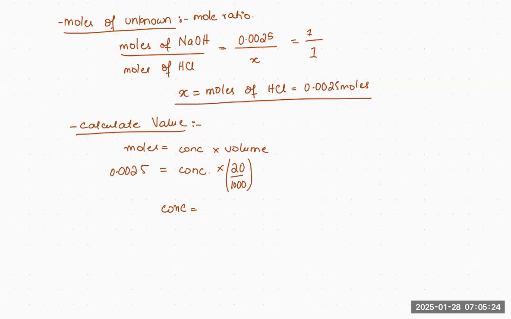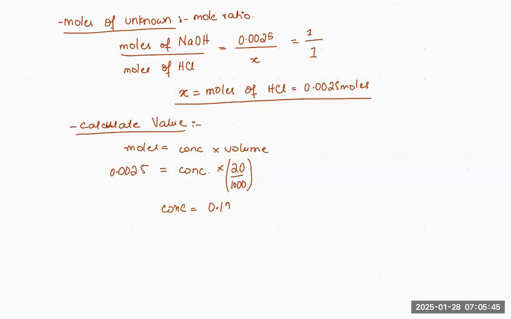Your concentration is going to come out as 0.0025 divided by 20 divided by 1000. So your concentration is going to come out as 0.125 mole per dm cube.